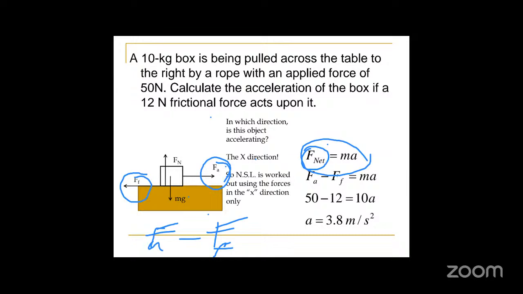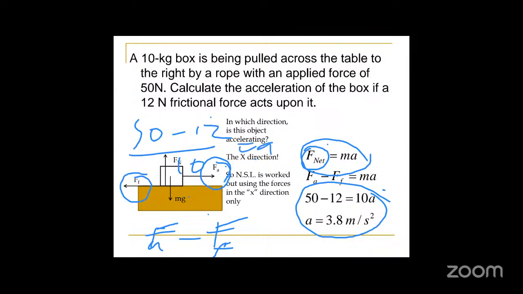So if we substitute these parameters to find the acceleration, we have 50 minus 12 over 10 is equal to A. 50 minus 12 is 38. 38 divided by 10 is equal to 3.8.